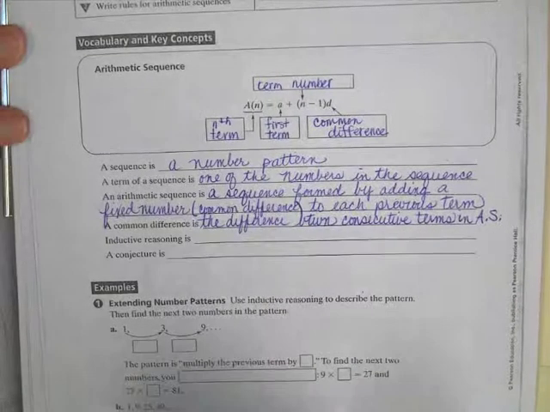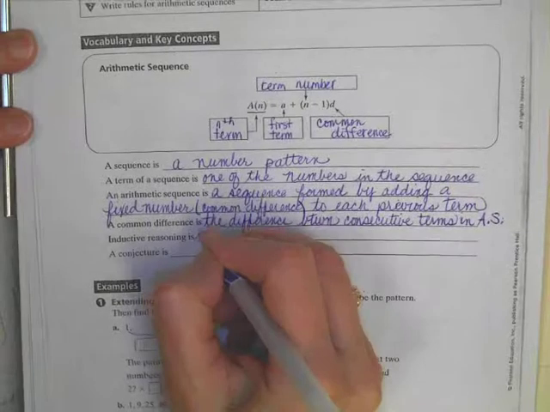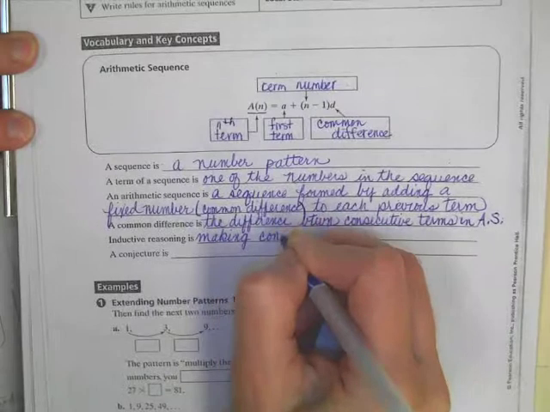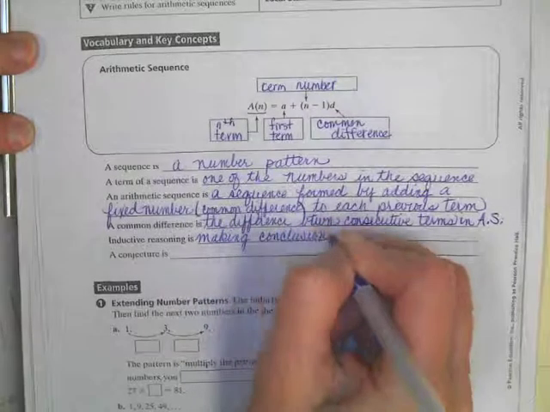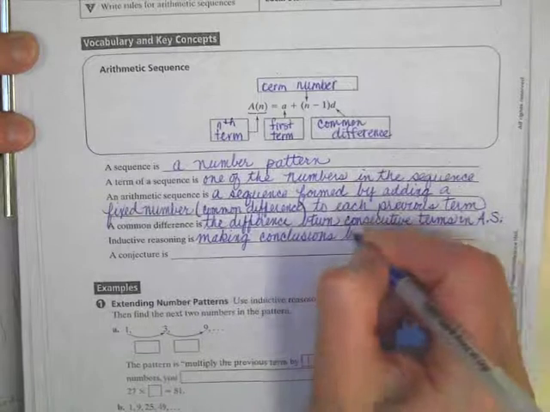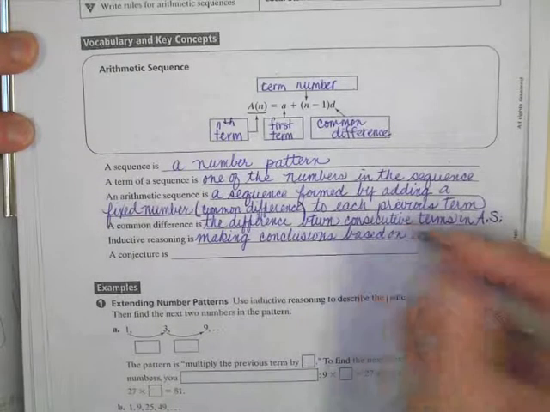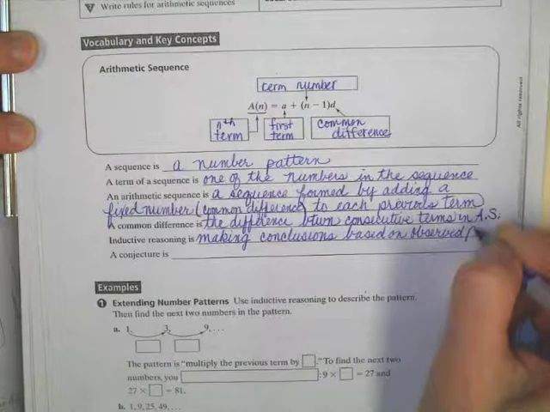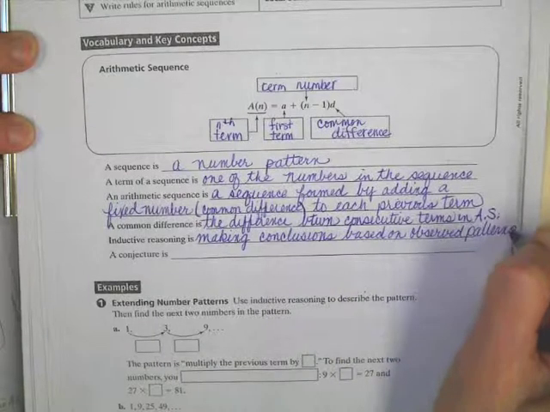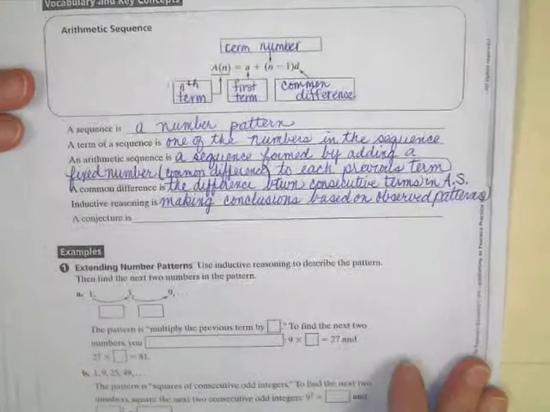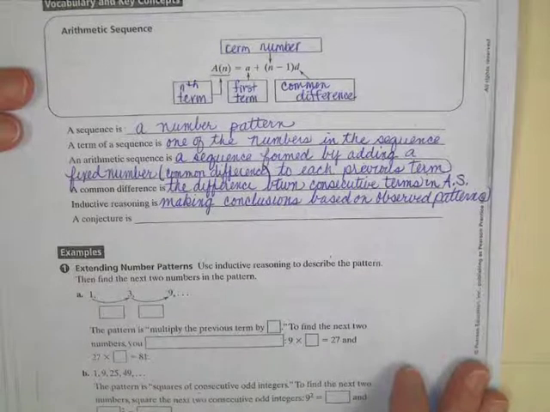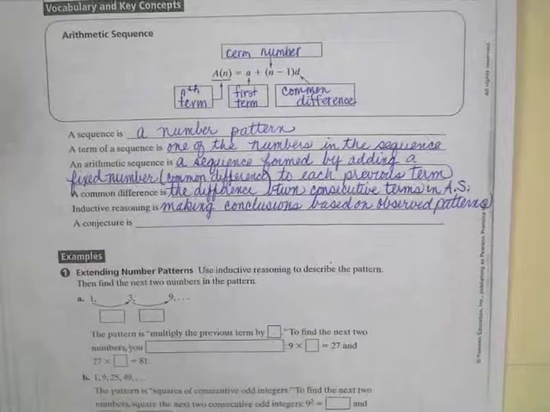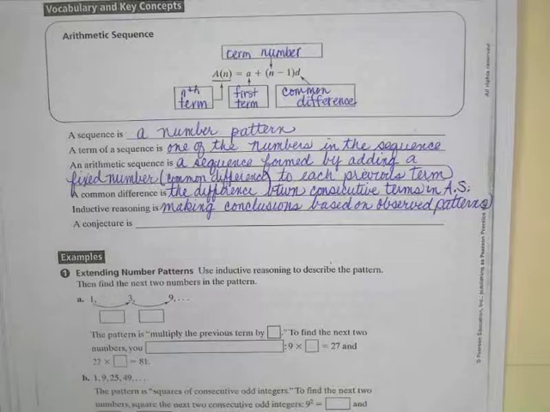Inductive reasoning is making conclusions based on observed patterns. So again, making conclusions based on observed patterns, which is a way to complete a sequence.